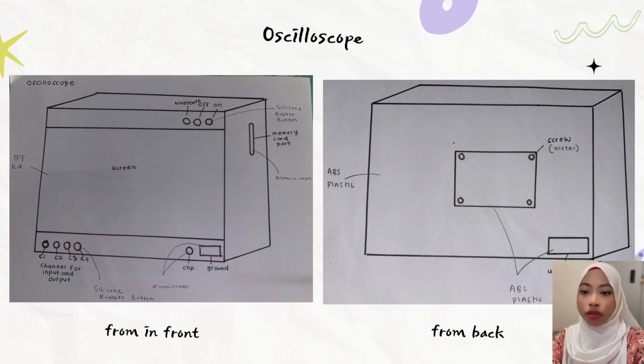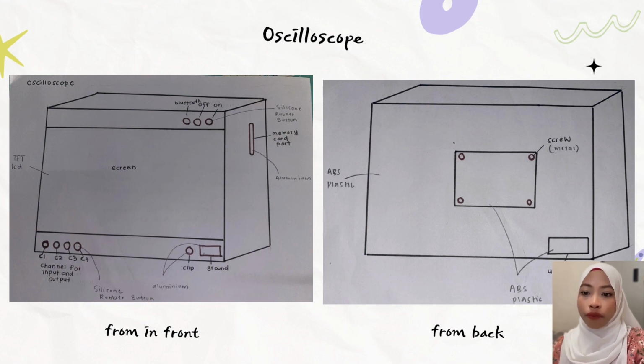The oscilloscope voltage is around 14 volt to 214 volt. The oscilloscope has 4 channels, which are 2 input channels and 2 output channels. The display is TFT LCD with a 7-inch large screen. The storage is 24 KB.